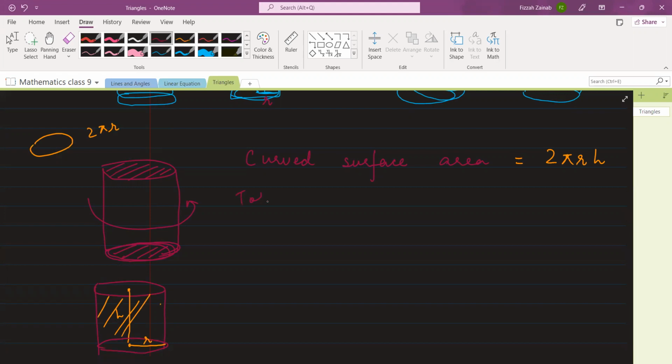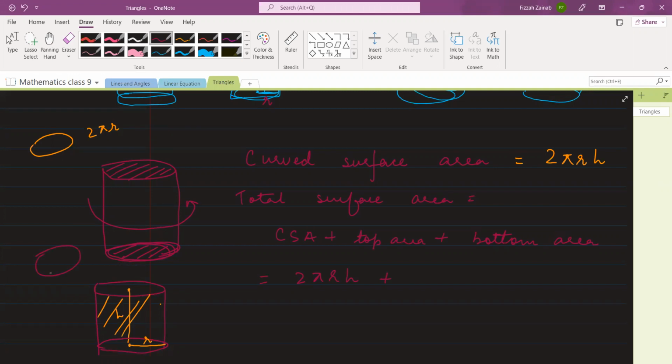Now I want the total surface area. So total surface area will be nothing but curved surface area plus top area plus bottom area, right? So curved surface area is 2 pi RH plus, now what is the area of the top?